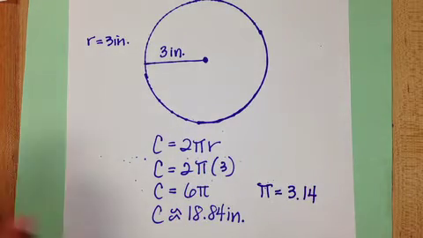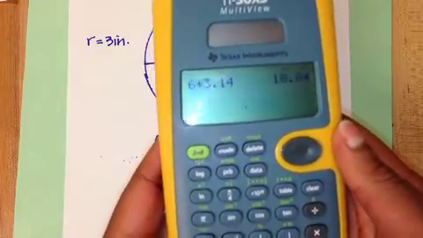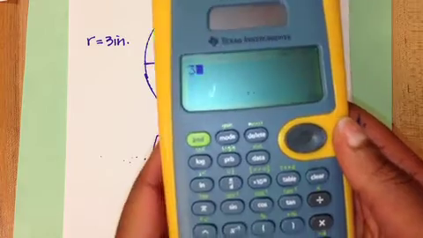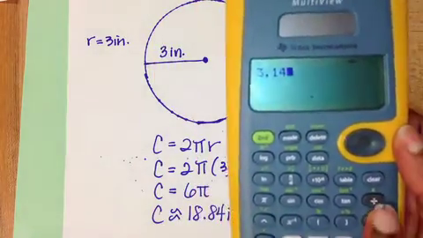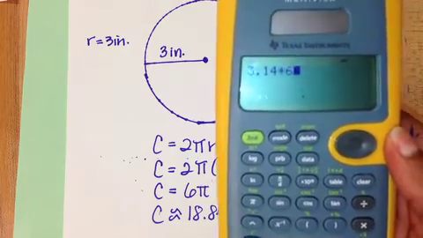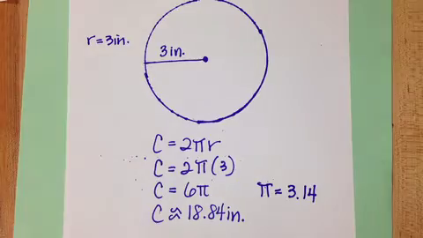So I would come to my calculator and input 3.14 as pi and multiply that by 6. That gives me 18.84 inches, and that is my approximate answer.